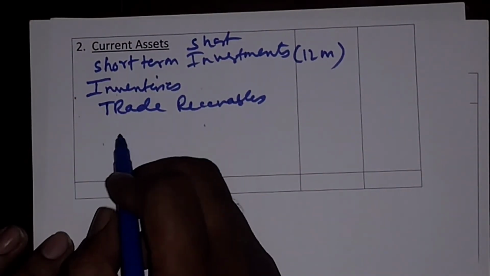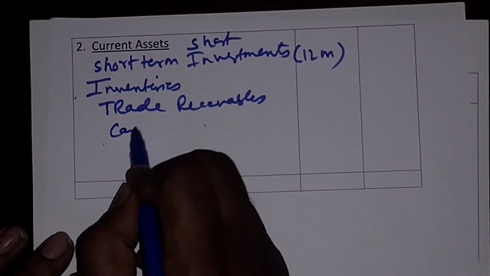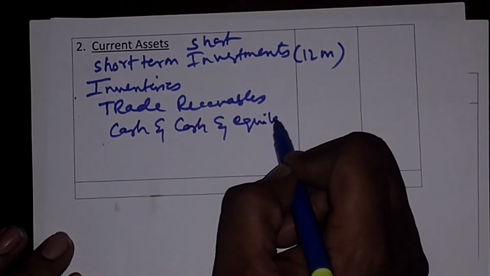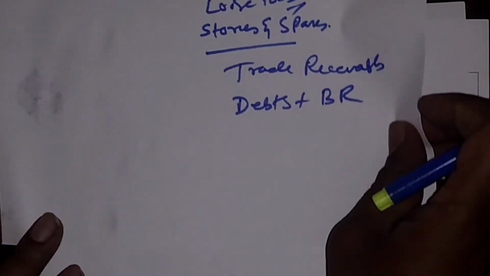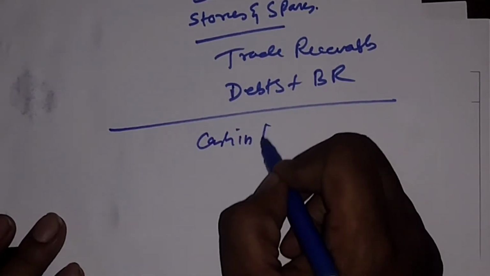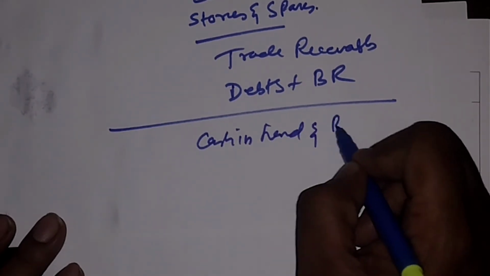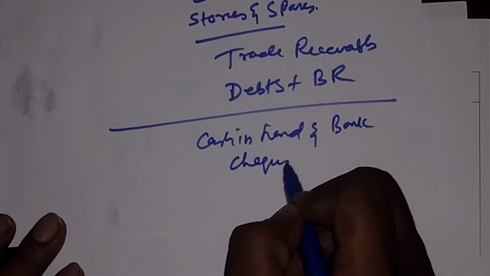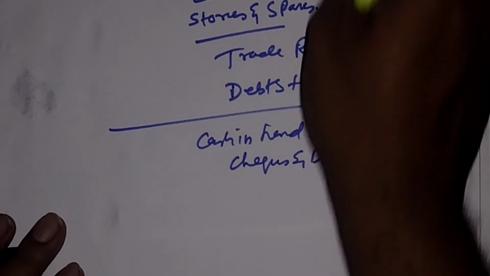After this, we have cash and cash equivalents. What is this? Cash and cash equivalents include cash in hand, cash at bank, and other cheques and DDs, demand drafts.